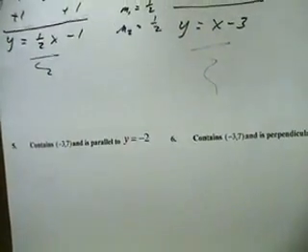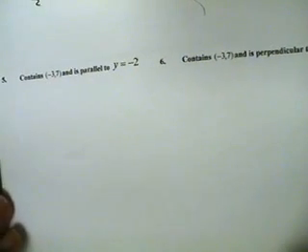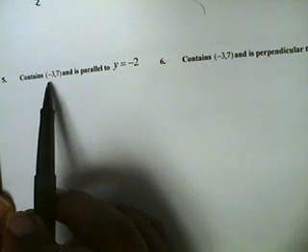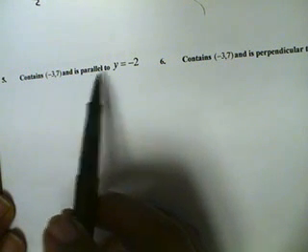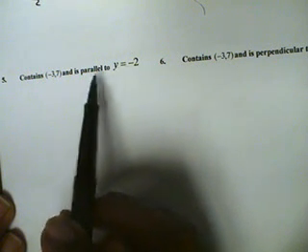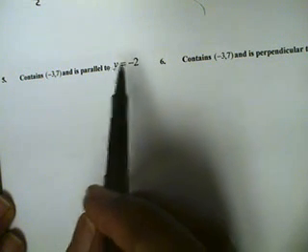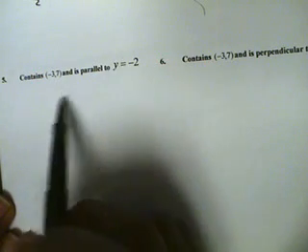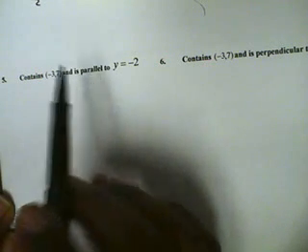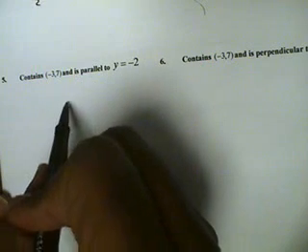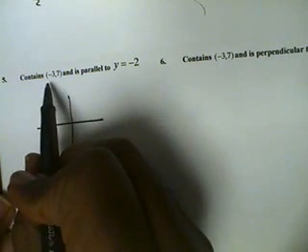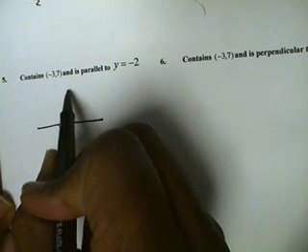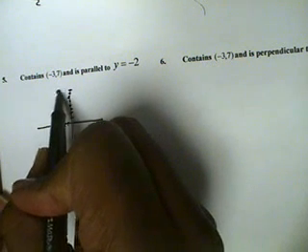Okay, next we want the equation of a line that contains (-3, 7) and is parallel to y equals negative 2. Well, y equals negative 2 is one of our special cases, or special linears, which is a horizontal line. So I'm going to solve this not by using any formulas, but by using a graph. So here's my graph. (-3, 7) is around here.